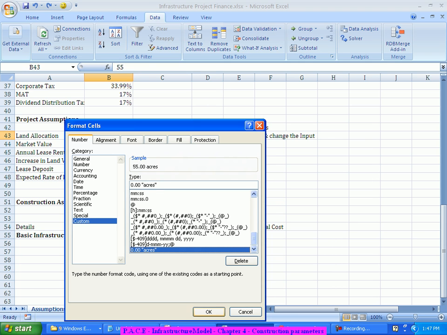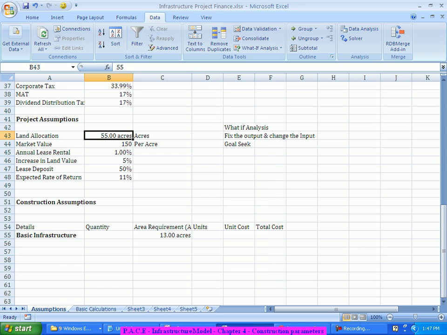So you can write as many formats as you want. That's an extra effort, but it can make the things look better. So you will still enter the number as 55 only. You will not enter it as 55 acres.